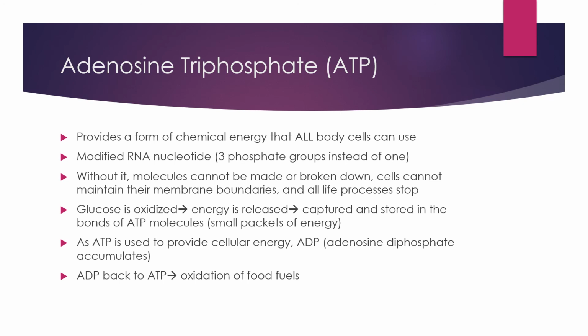Think about what's happening here to change this name. We're losing a phosphate group. When the energy is being used, we're losing a phosphate group. It's becoming ADP. But we want to restore the ATP so these processes in our body can continue on. In order to go back from ADP to ATP, it's the oxidation of food fuels, and that's where glucose becomes oxidized again to capture and store that energy in the bonds of the ATP molecule.